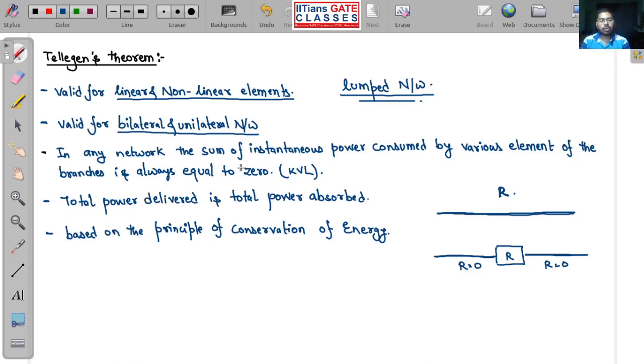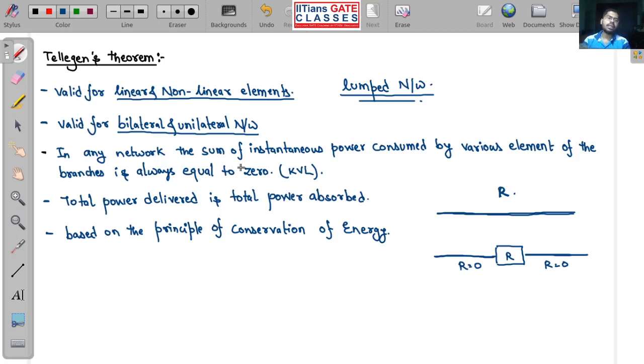Quite obvious, if summation of voltage is 0 in a loop, that means your energy is conserved, and if your energy is conserved, your power is also conserved. Energy and power are quite the same, since power is energy by time.